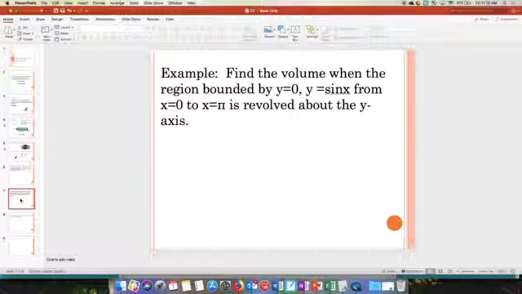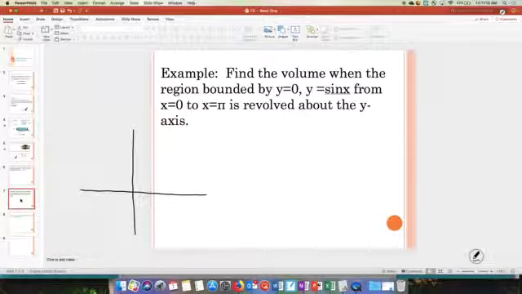So basically, you just draw only to pi though. That was close. Looks like that.